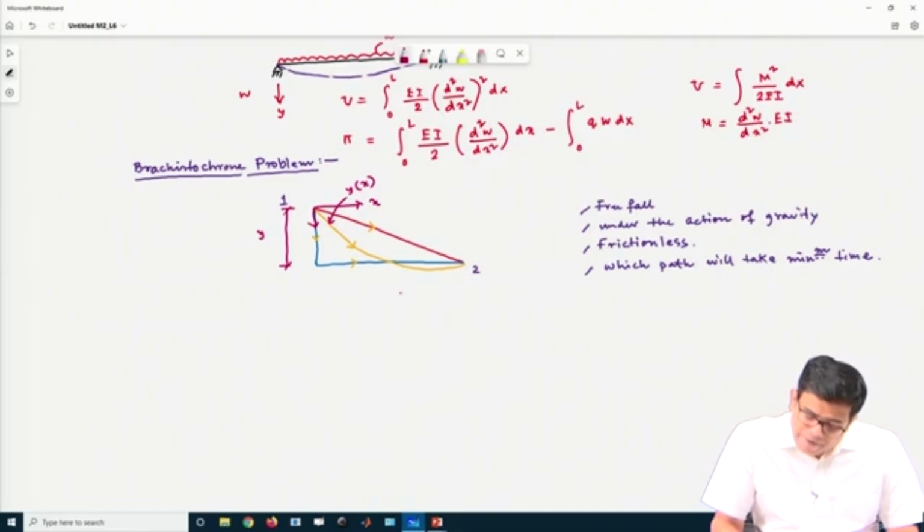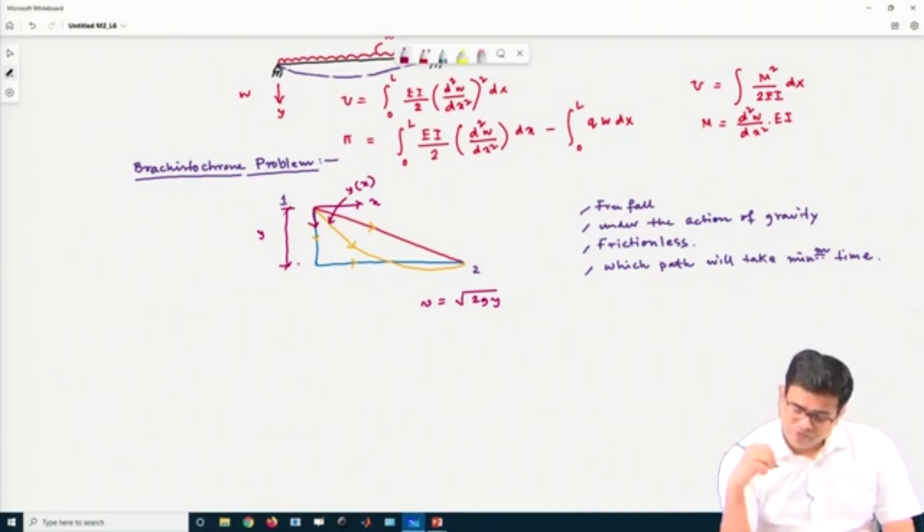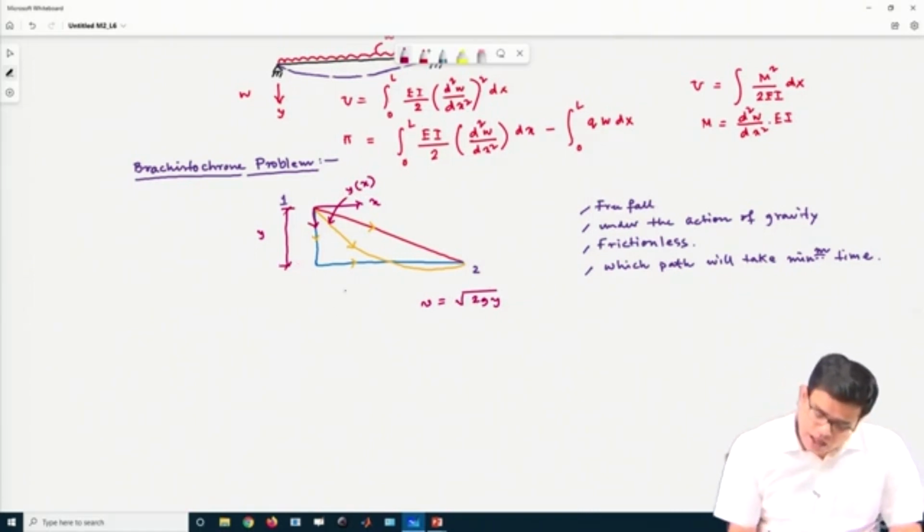From the elementary mechanics formula, we know that the velocity of the particle will be root over 2gy, right? Now how should I calculate the time? The time calculation is very simple.